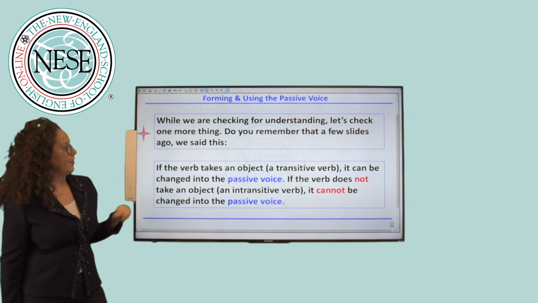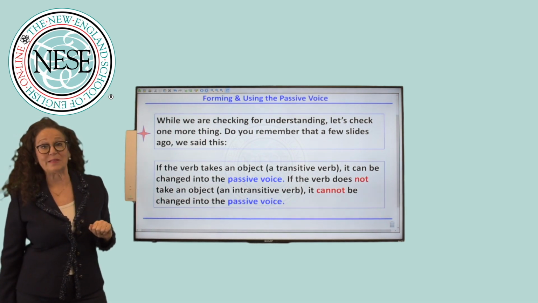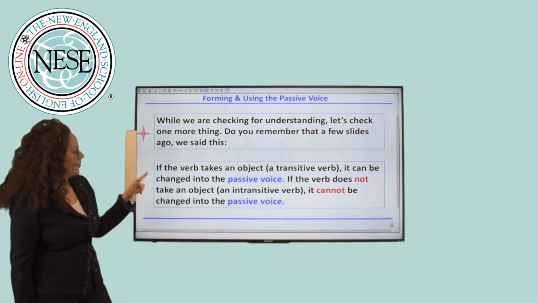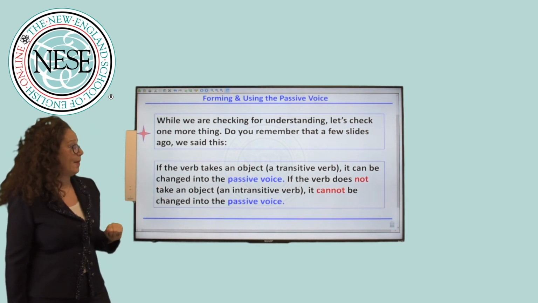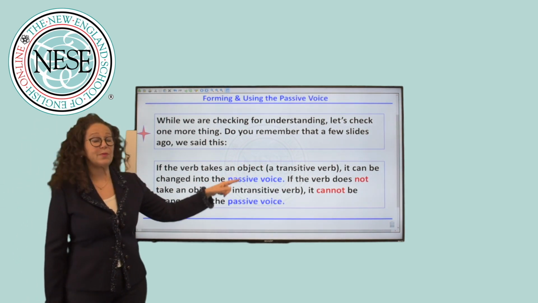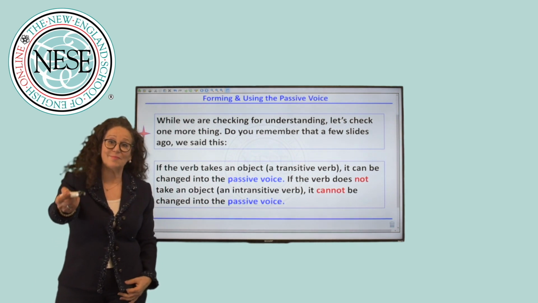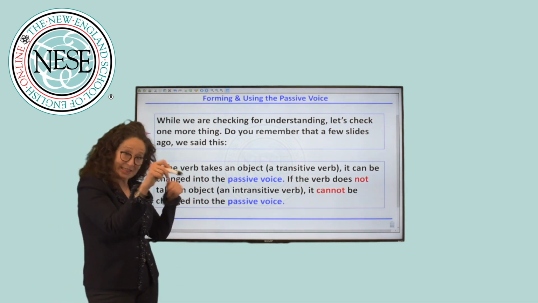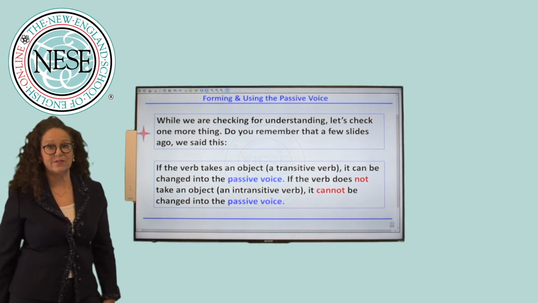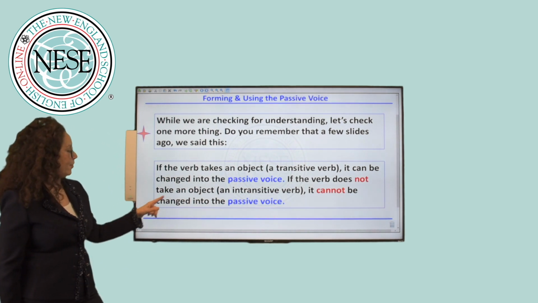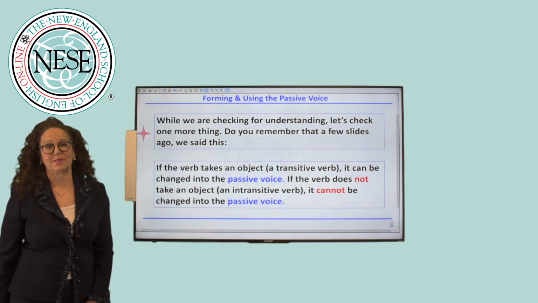If the verb takes an object, a transitive verb, it can be changed into the passive voice. You remember that because we saw it and I just said it. If the verb does not take an object, an intransitive verb, it cannot be changed into the passive voice.